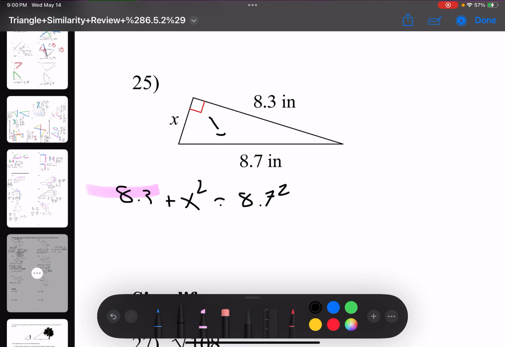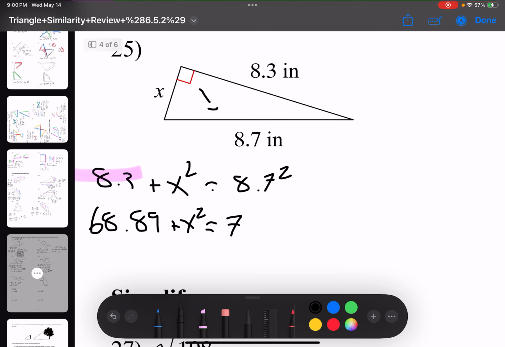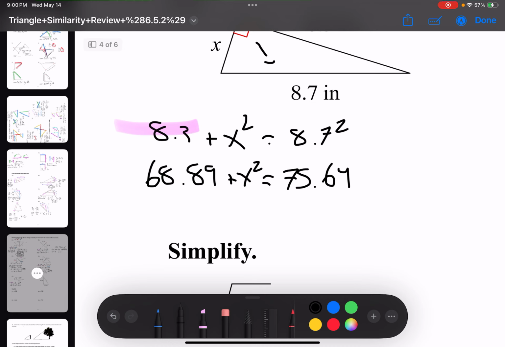Let's do 8.3 squared, 68.89, plus x squared is equal to 8.7 squared. And then we're going to minus this, 68.89.